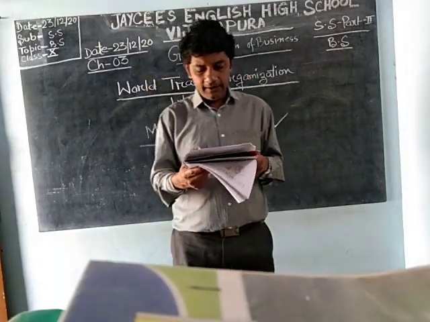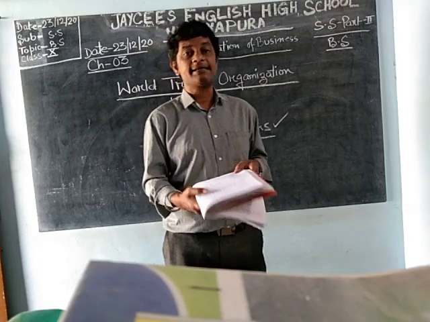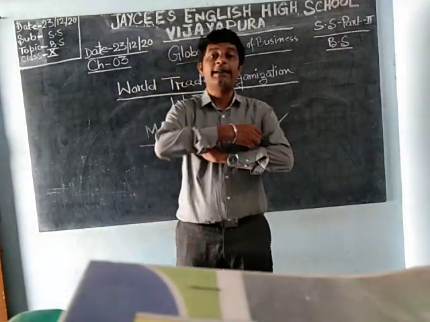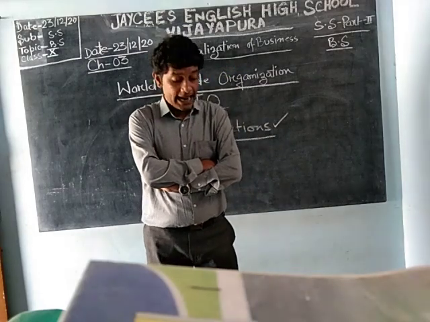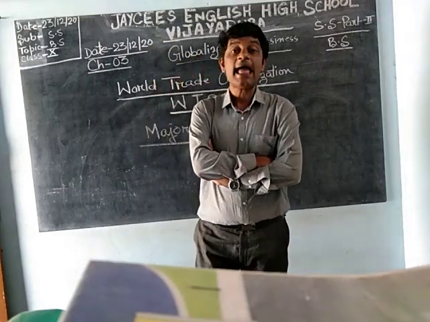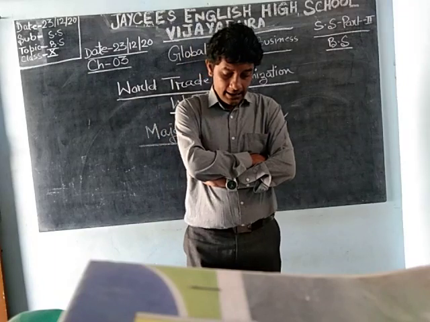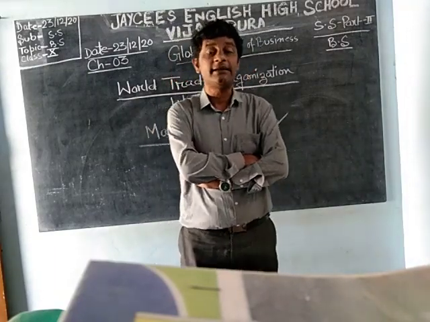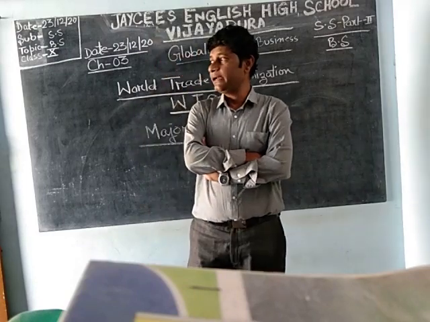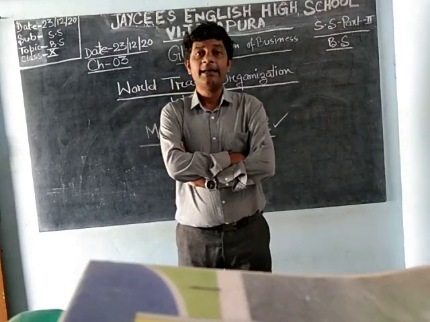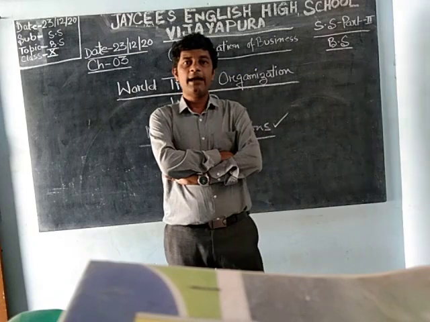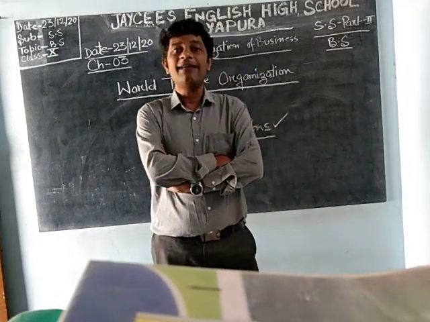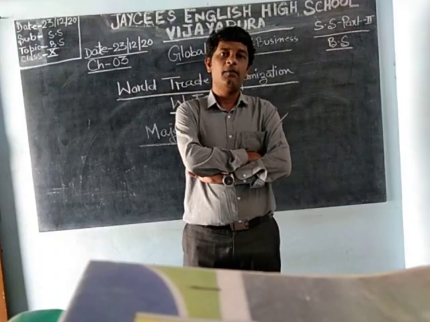Attempt or striving to reduce the taxes in international trade. WTO always consults with the countries regarding tax. They always attempt to reduce the taxes in international trade. What happened in international trade? The tax is the main problem. I told you about import duty and export duty. It's not that I will send the money and they will send the product with only the ship charge.